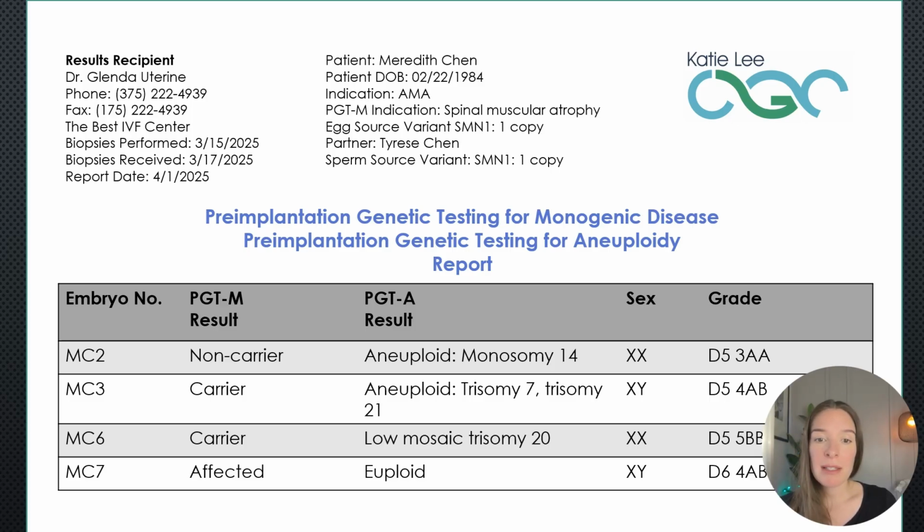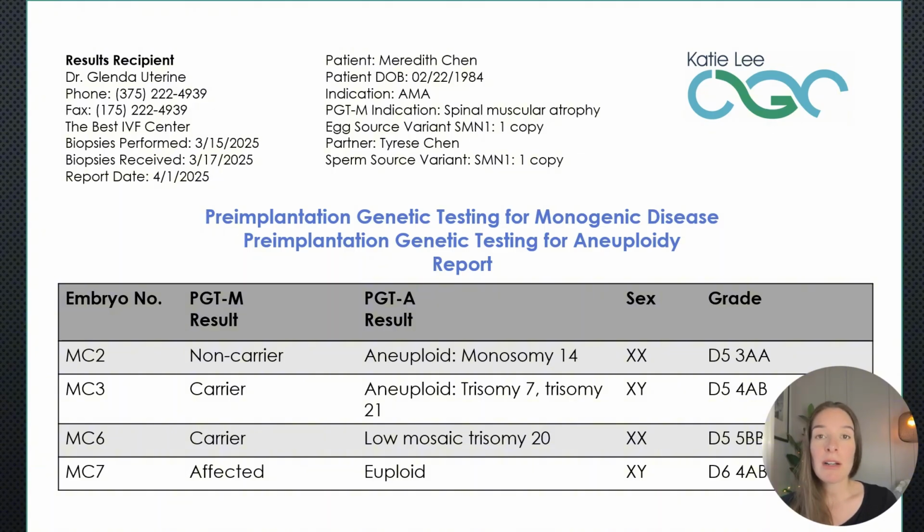Embryo number 6, there's a little bit more to this one. It says low mosaic, trisomy 20. A mosaic result suggests that there is a mix of both some euploid cells and some aneuploid cells together. And over the past 5 years, there's been loads of evidence about mosaic embryos and loads of outcome data published on mosaic embryo transfers.